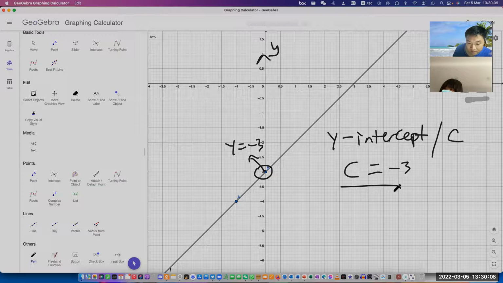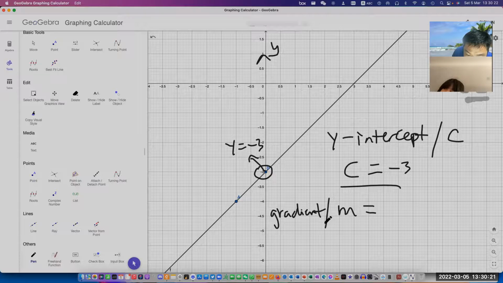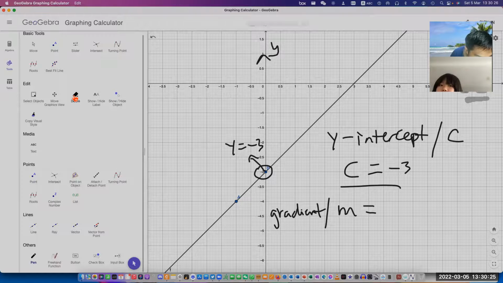Okay, then now the point is, how do you get the m? The m is the gradient, right? So there is a formula to find the m. I'm going to introduce the formula to you.